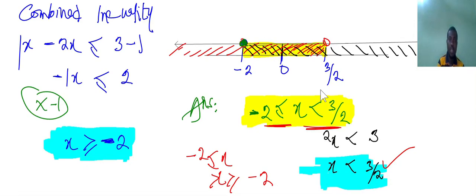Okay, what about a case where we will not be able to merge the answer in this way? We'll see it as we solve more examples, but I can easily throw more light on that.